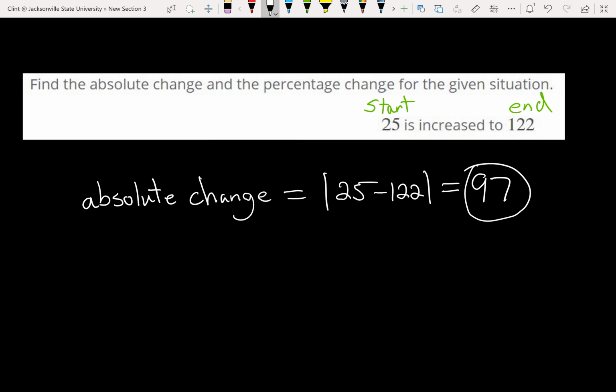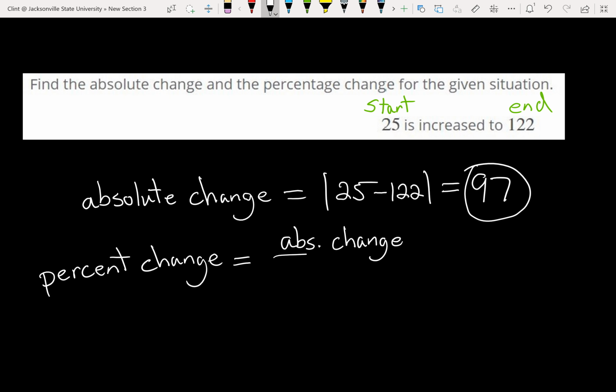Okay. And then to get the percent change, we're going to take the absolute change and divide that by the starting value. Here our absolute change was 97. We're going to divide that by 25, and then we have to change it to a percentage.